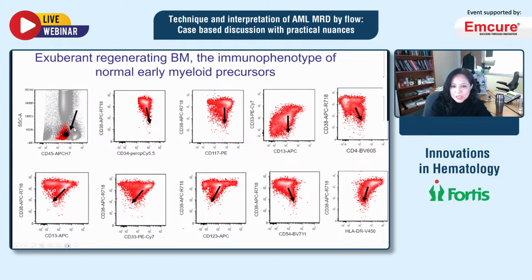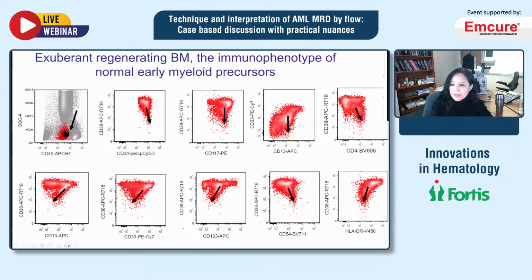Especially this, you see a lot in the 21 days bone marrow, they gave G-CSF with a high dose chemotherapy. So this is a very exuberant reactive case. So you have this black cells as early stem cells. They usually have the very bright CD34, low CD38, and also they kind of give you a little bit of a barren CD33 and CD13 pattern.